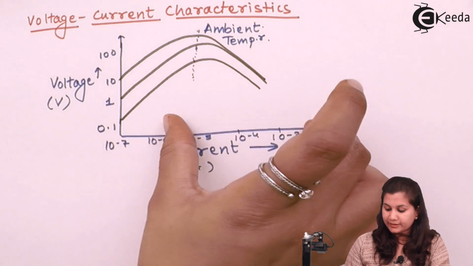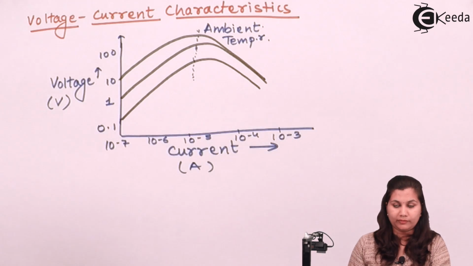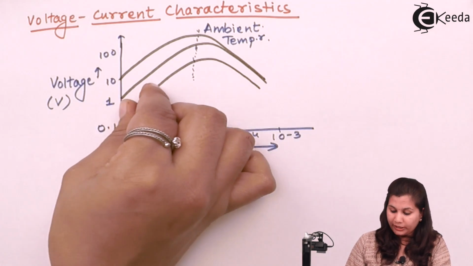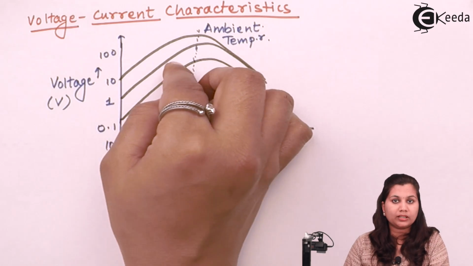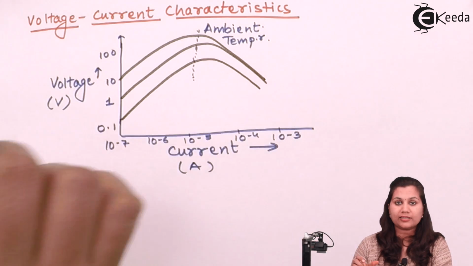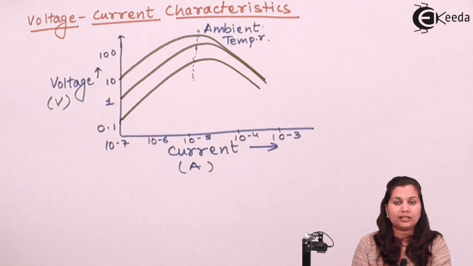So in these characteristics, you have seen that when we increase the current for a small value, as the current is increased, the voltage is increasing with the current. But this increase in voltage and current is not sufficient to produce a change in temperature in the thermistors. No heat is produced.